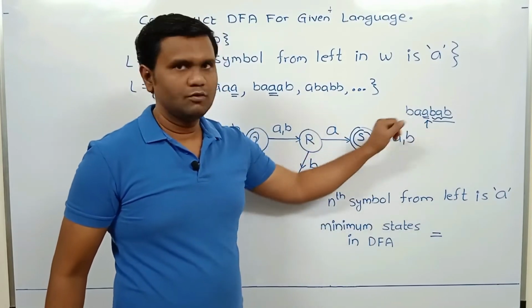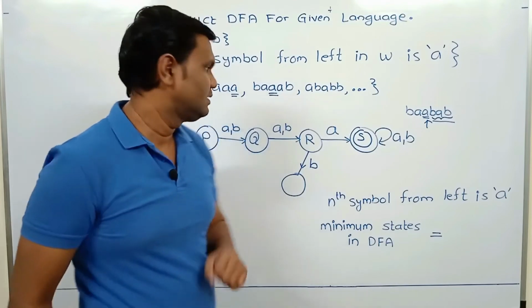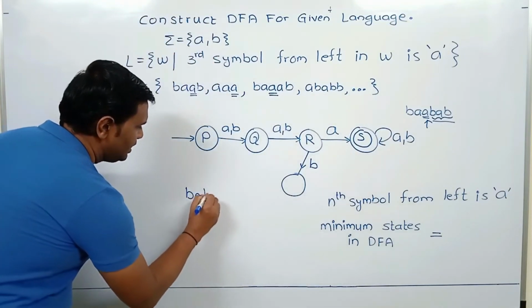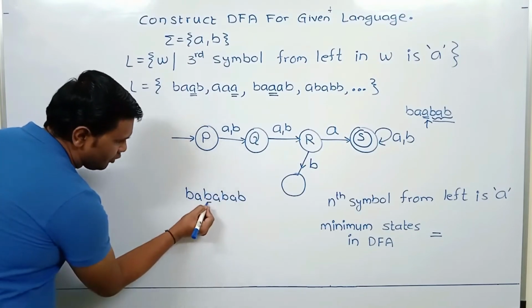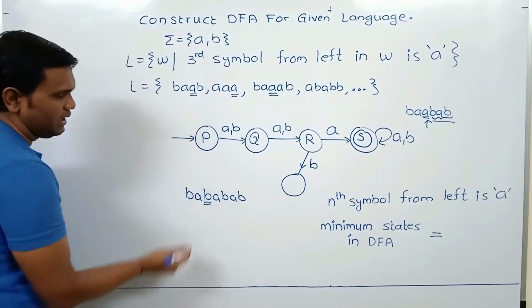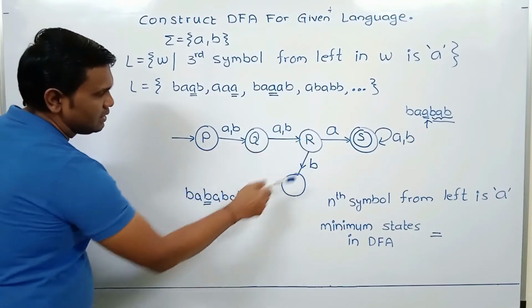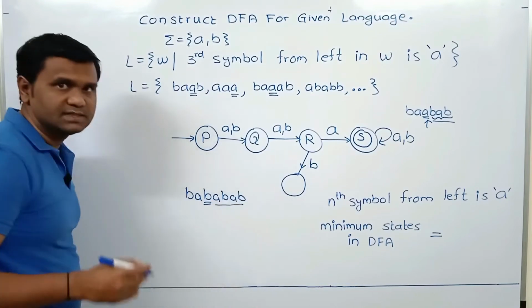If the third symbol from left is not A, if it is B, we must reject the string. So if the string is BAB, ABAB, here the third symbol from left is not A, it is B. So with BAB, we come to this state. Now whatever comes next, we must reject the string.